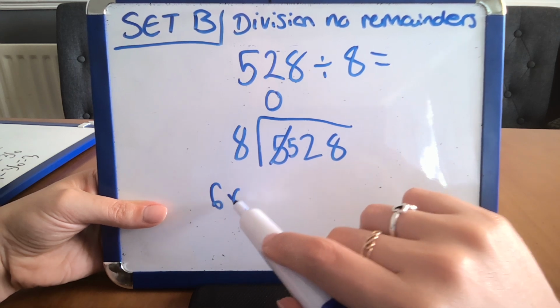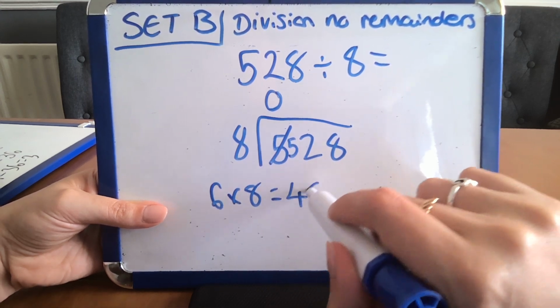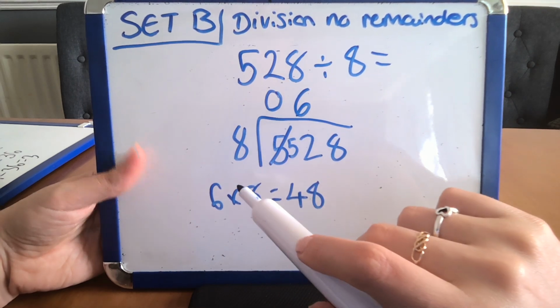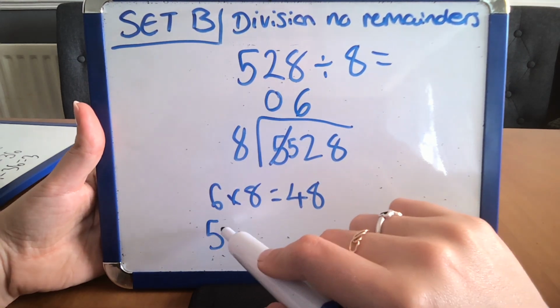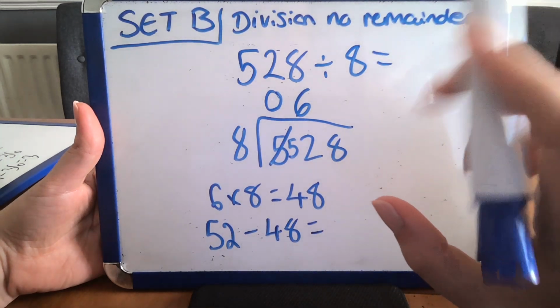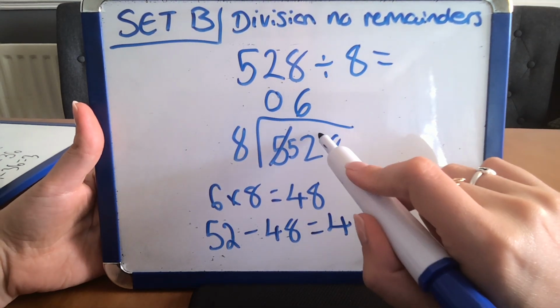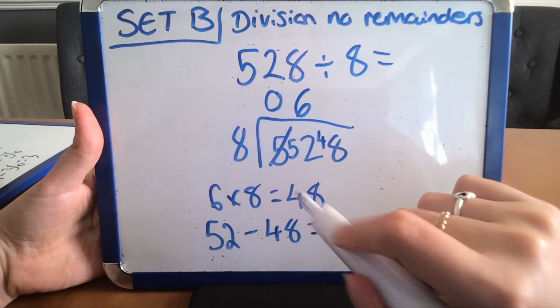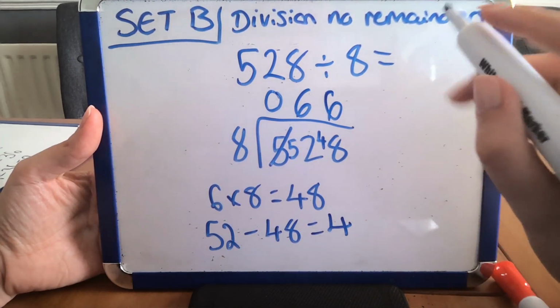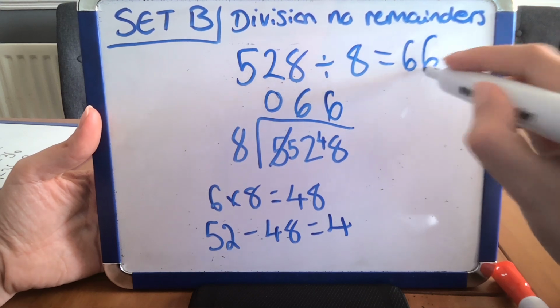So I know that 6 times 8 equals 48. So it's 6 equal groups of 8. And then how many left over? So our remainder 4 goes here. How many 8s into 48? 6. So our answer is 66.